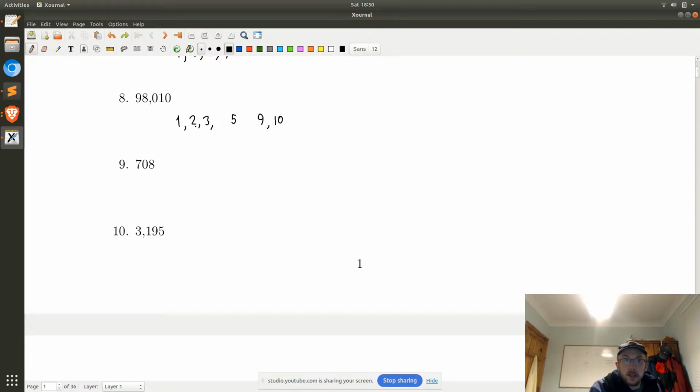Well, we already see a 2 and a 3, so 6 comes for free. And then, out of curiosity, I pursue 7. We take off 98,000, and we're left with 10, which is not on the 7 times table. So it's 1, 2, 3, 5, 6, 9, and 10.